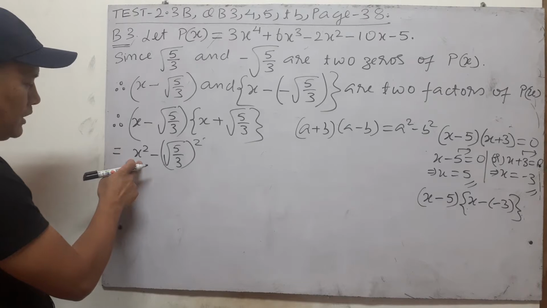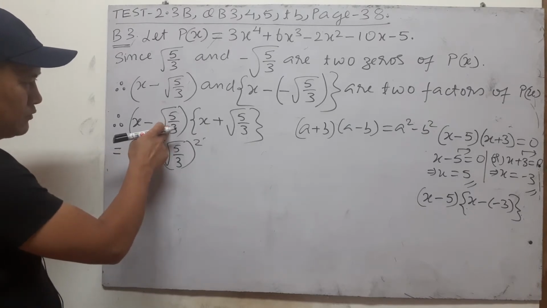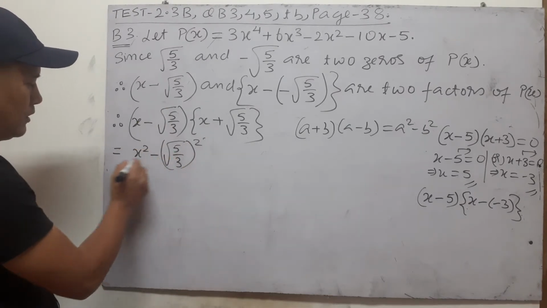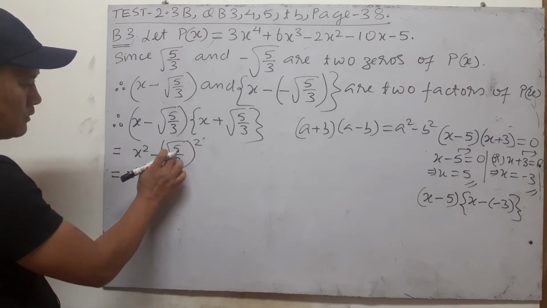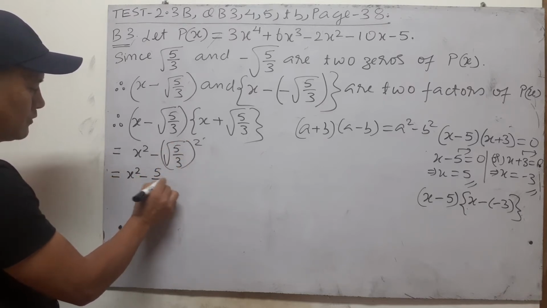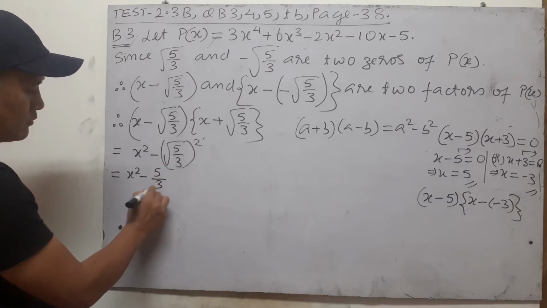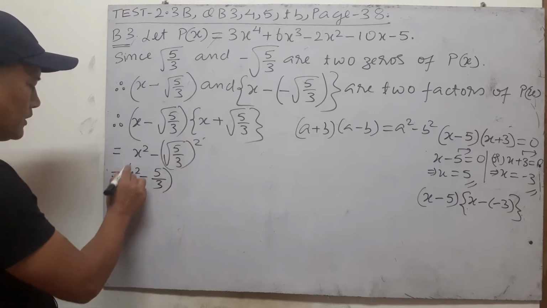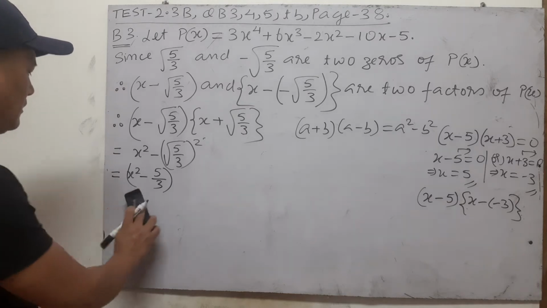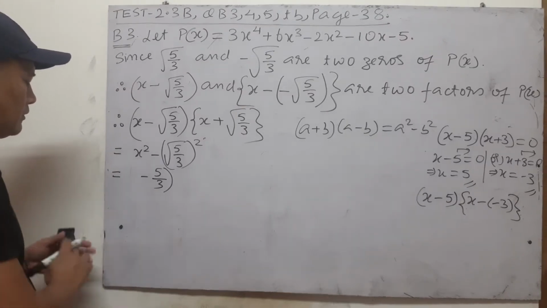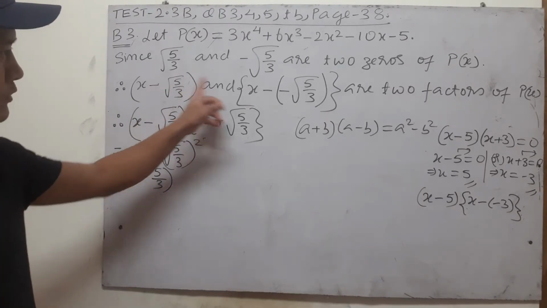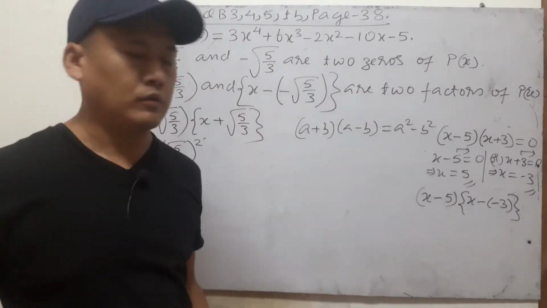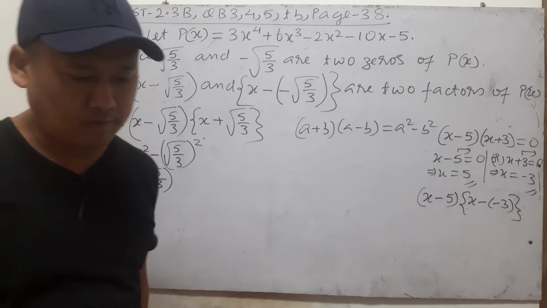So a square, x square, b square is root over 5 the whole thing square. So it gives us here x square minus root 5 square, which means the root is removed, and root 3 square is also 3, removed. So this is the factor that we obtain, the factor of p of x that we obtain when we combine the two factors that we got from using its zeros, right?